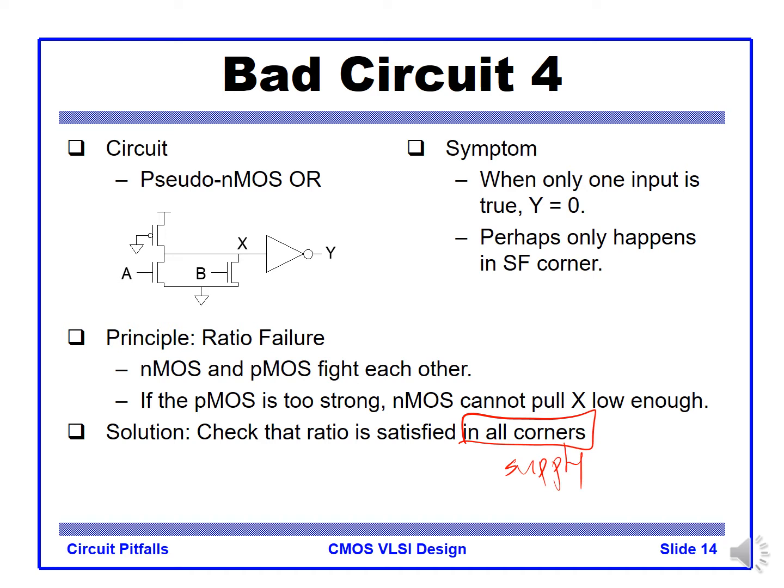The supply may vary by 10%, right? So the design check is tougher, and it is very challenging to verify such a circuit.